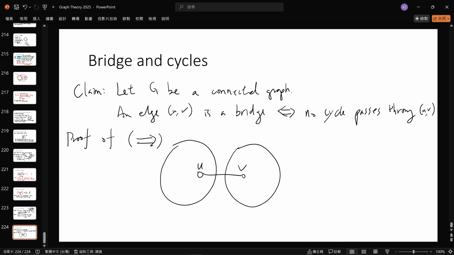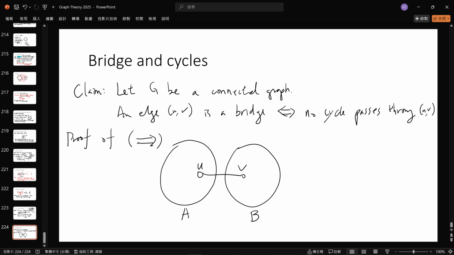Let's call these two components A and B. There's no other edge between A and B, because if there's one more edge between A and B, then this edge cannot be a bridge.